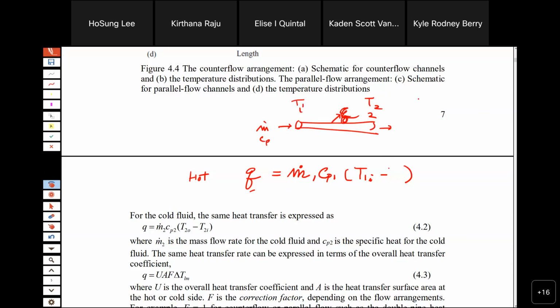So in this case, the heat transfer enthalpy flow is m dot Cp, whatever the highest temperature. If T1 is higher than T2, then T1 minus T2, and this is plus out. So the temperature is T1 out and plus. Now cold, has anyone figured it out?